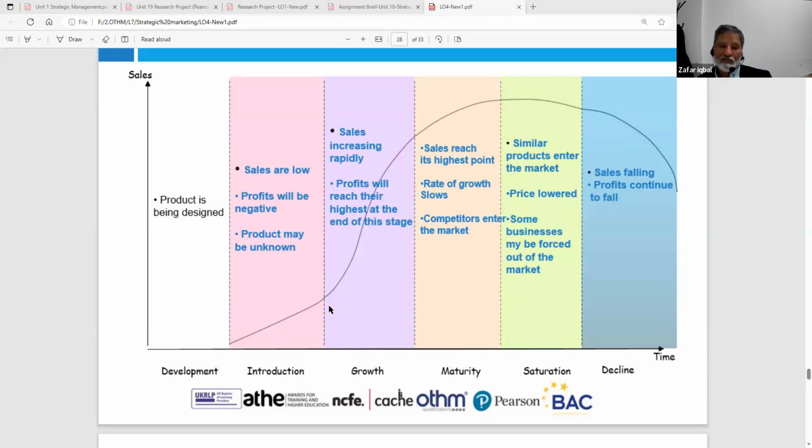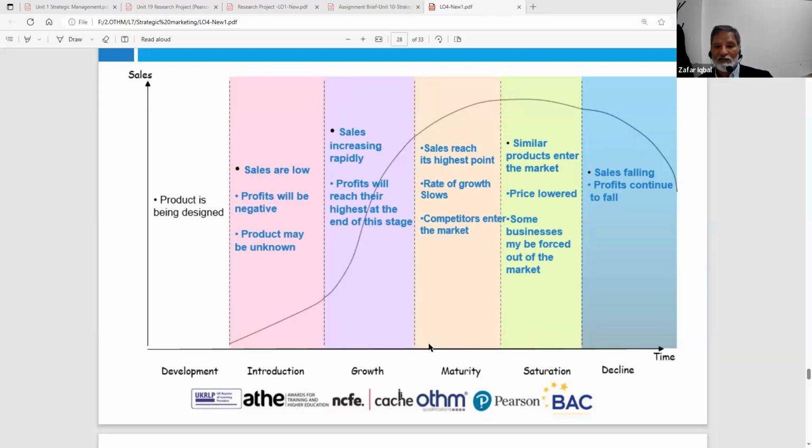The sales have increased rapidly over the time period. It's growing, people are knowing about it, people are buying it, people are trying it. The profits are reaching quite high, and they are maybe going to increase stage by stage at rapid speed. This is called the growth stage.